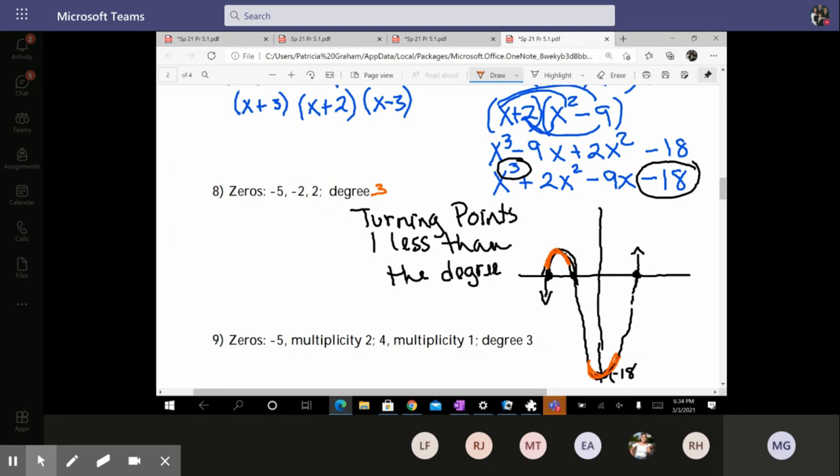And then we FOIL that out, and we get our quadratic equation. X squared minus 3x plus 2x minus 6. So remember, we had to set these equal to 0, so I'd get a positive 3, right? I knew I had to do just the opposite of those. That's all you're doing here. You're not doing anything different.